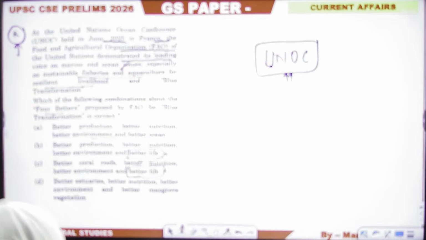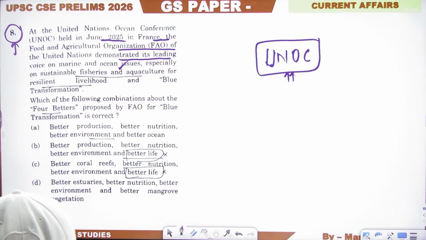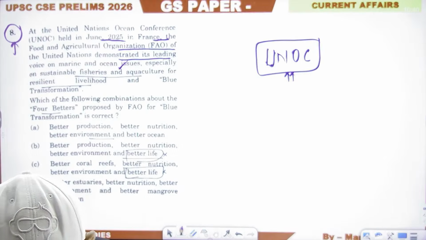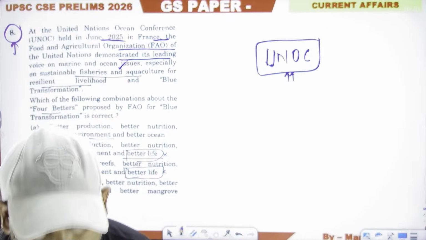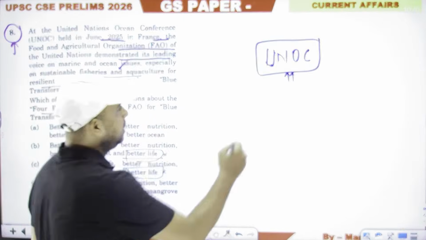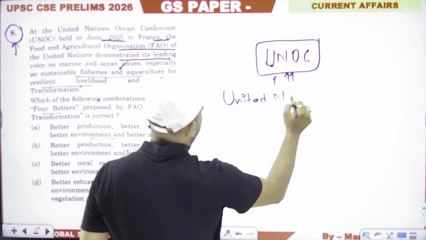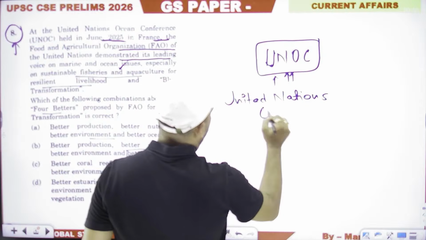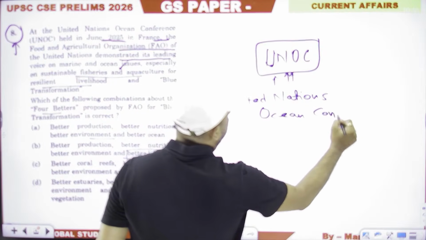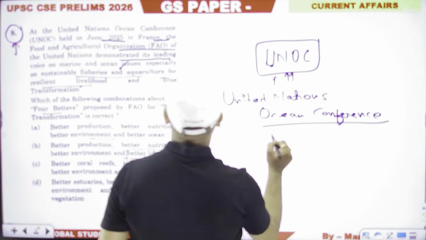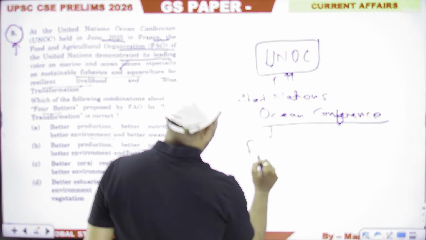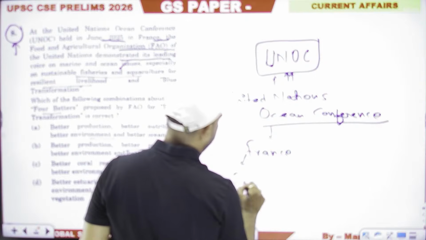And as you are seeing, it already happened. This United Nations Ocean Conference was held in France in 2025.